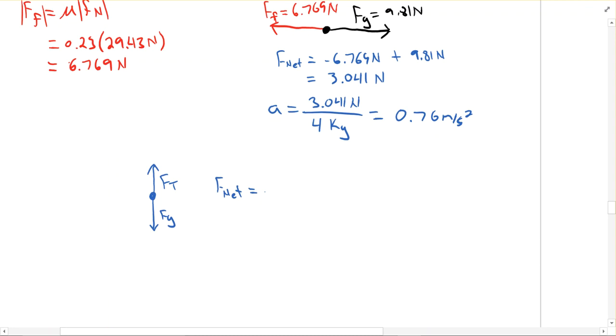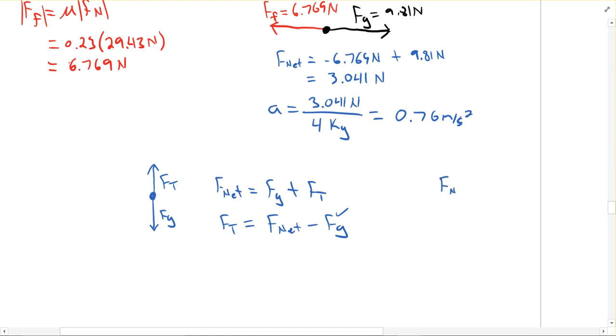F net is going to be equal to Fg plus Ft. We know Fg. Here, I'm going to rearrange for Ft right now too. So Ft is going to be equal to F net minus Fg. So we know Fg. We knew that a long time ago. F net, we got to figure out though.